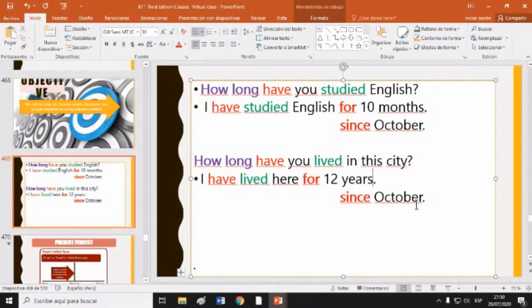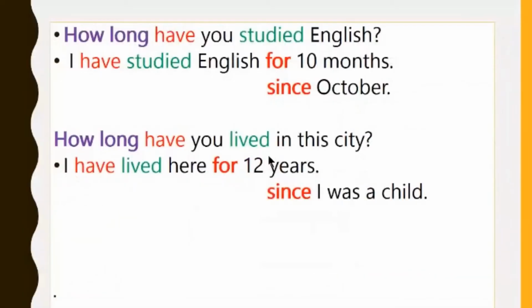Or you can say, since I was a child. So yeah, pay attention to these two questions, because I will ask you, how long have you studied English? How long have you lived in this city, Huancayo?